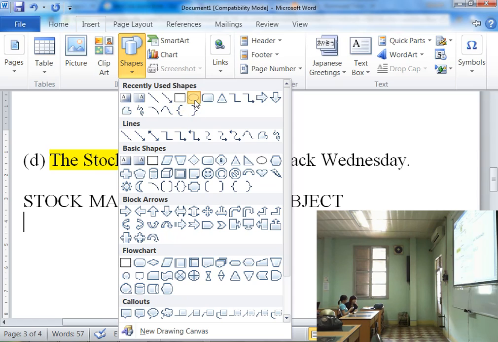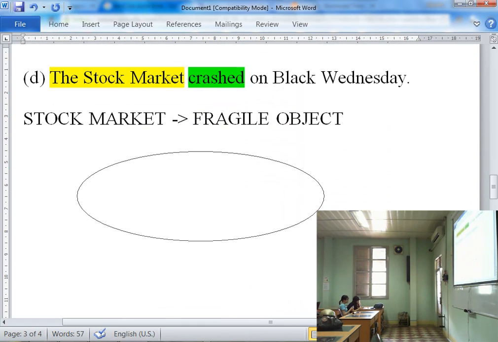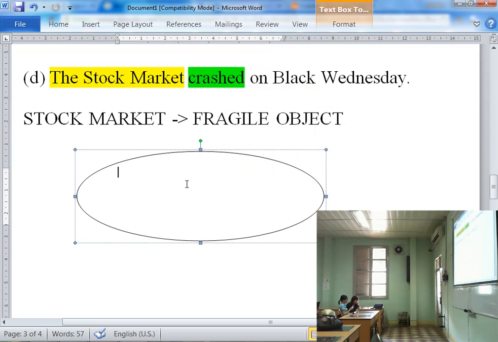And now, for stock market, for a fragile object, you may have things like it crashes, it breaks. What else? It breaks into pieces. What else? Usually valuable. What else? Vulnerable.